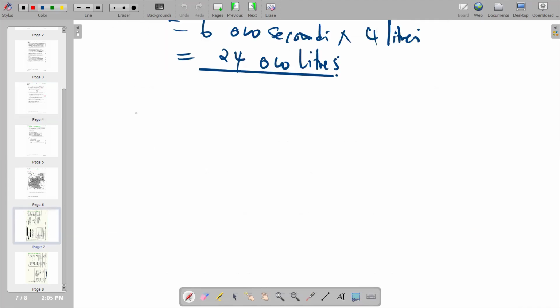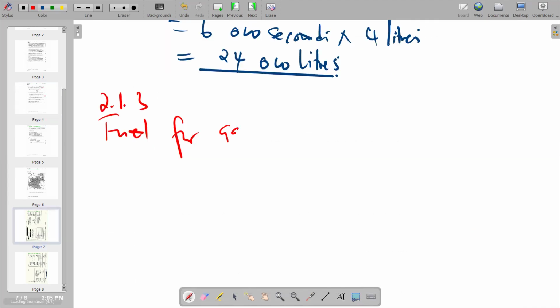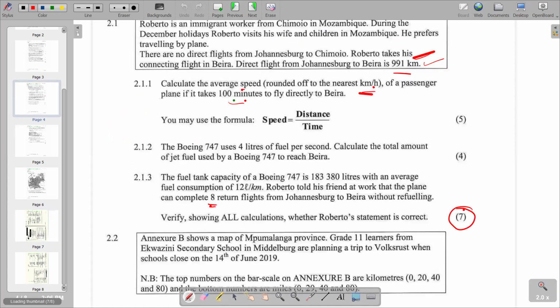So we come here, this is going to be our 2.1.3. So we are saying a fuel for 991 kilometers is equal to 991 kilometers times the liters per kilometer that we are given here, which is 12 liters per kilometer.